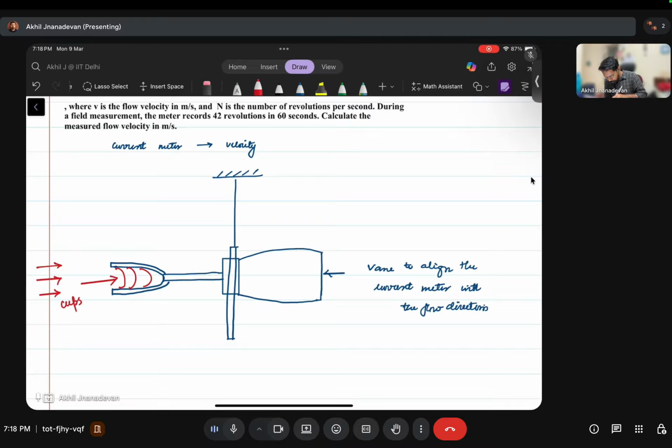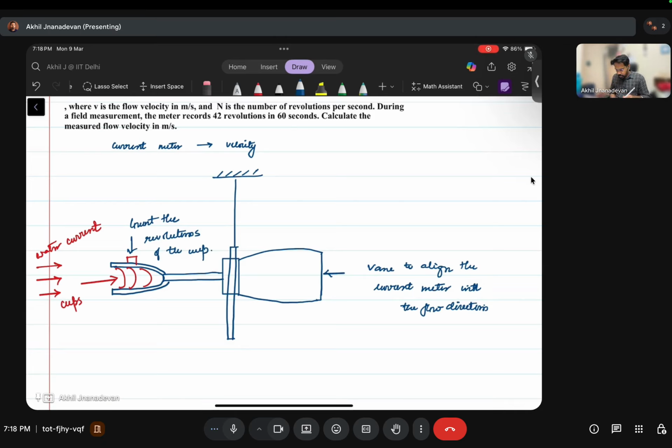This water current rotates the cups, and this rotation can be measured here. So there is something to count the revolutions of the cup. Using this we'll be measuring.